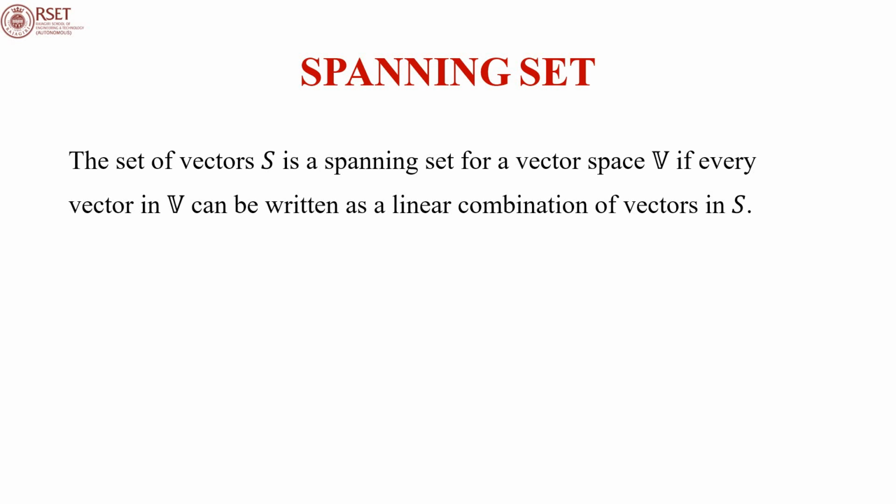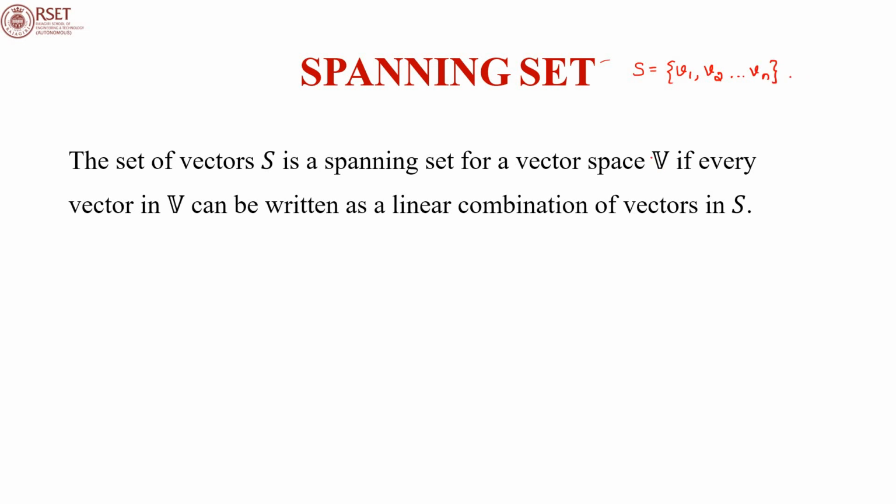The set of vectors S is a spanning set for a vector space V if every vector in V can be written as a linear combination of the vectors in S. We have already learned what the span of a set of vectors is, that is, the set of all linear combinations of vectors. Suppose I have a set S equal to {V1, V2, ..., Vn}.